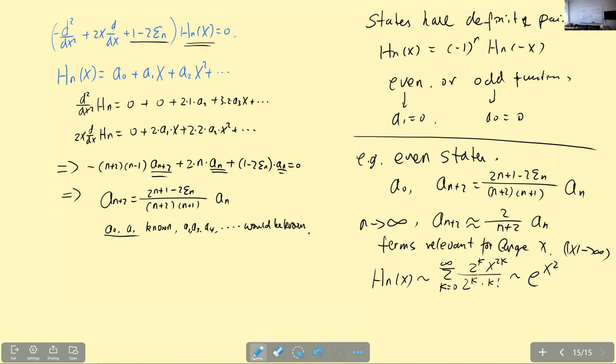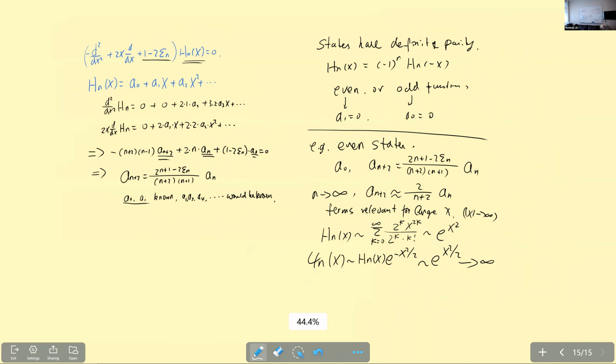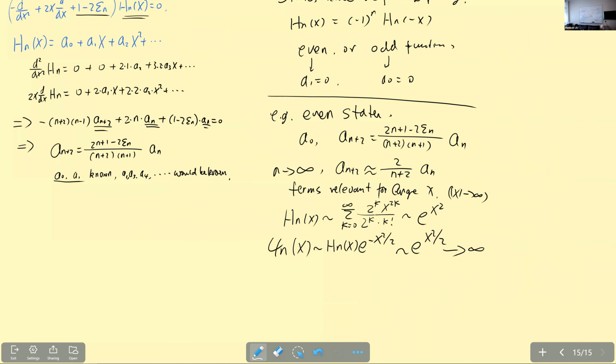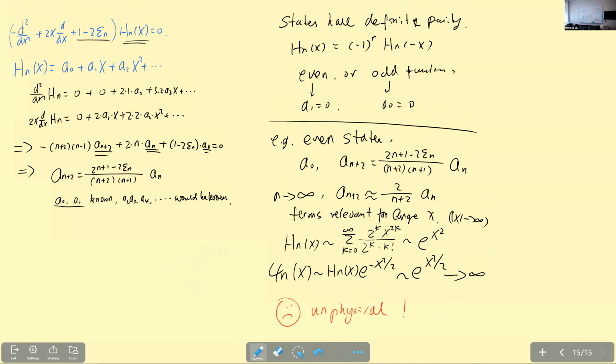Then in this case, you actually got a solution, and this psi(x), which goes to H_m(x) e to the minus x squared over 2, will be in the order of e to the x squared over 2, which goes to infinity. This is obviously unphysical. You should not have a wave function that diverges when x goes to infinity. This is impossible. So something's wrong.